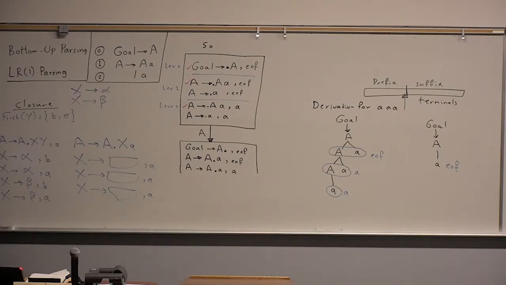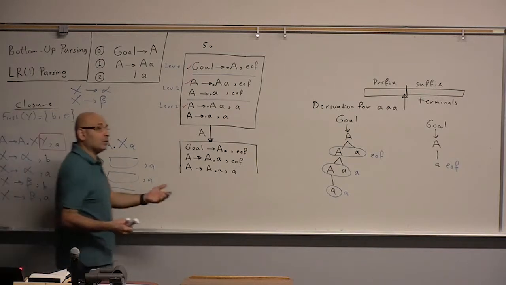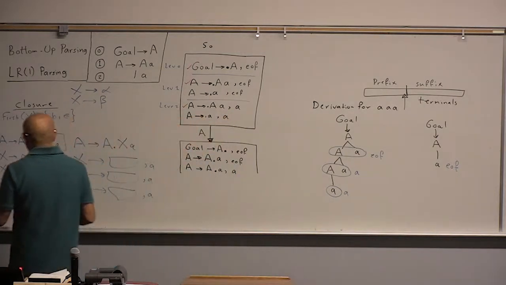So we should cover all the rules for defining X, and then for each rule we should cover all the possible followers of X. So in this case, all the followers of X are going to be anything in the first set of Y. But if Y has epsilon in its first set, we should look at A, because if Y is epsilon, what comes after X could be an A. Because we are trying to answer the question: what should the look ahead be in order for a reduction to be valid?